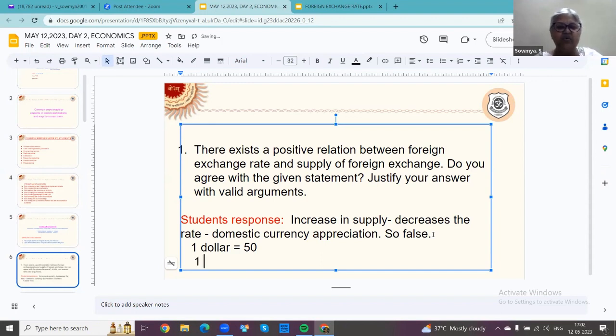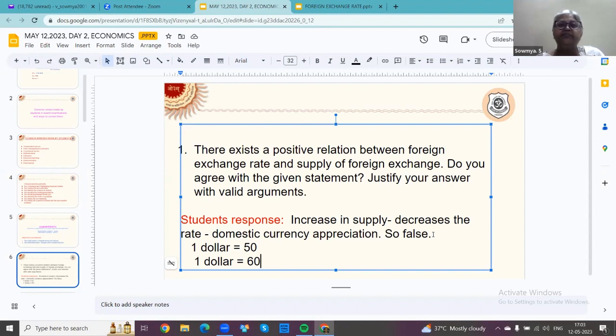So $1 is now going to become 60 rupees, correct? That is what is the increase in the rate or the price. So the question is only how this is going to affect the supply of foreign exchange. That is how the child has to look at it. Initially when $1 is equal to 50 rupees, now the rate has gone up. 60 rupees is what is required to buy $1 worth of products, right?